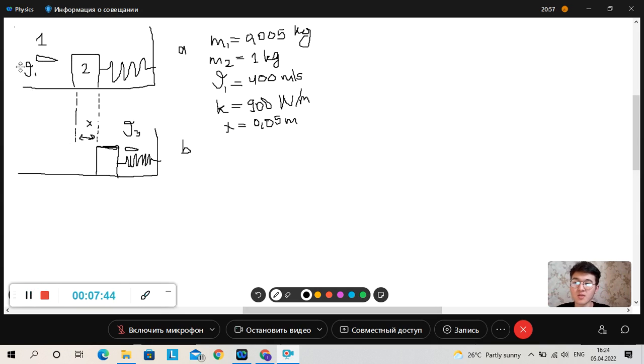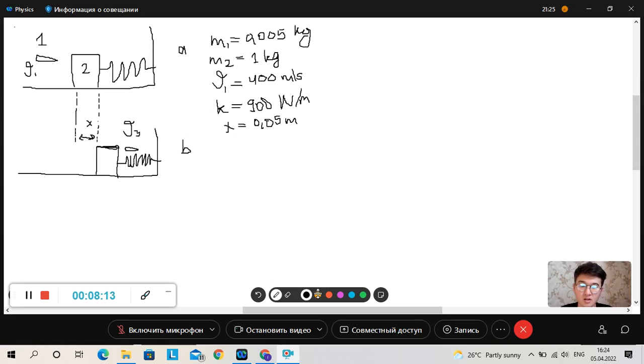I draw the situation. In the first situation, the bullet flies to the right with velocity 400 meters per second, and in the second situation the bullet has passed through the block, and the block is moved to the right by 0.05 meter.